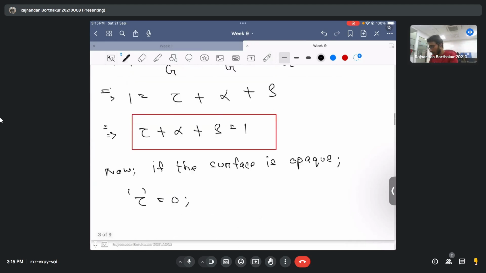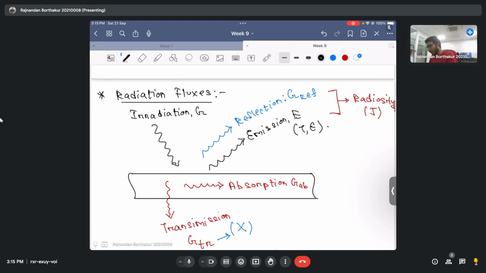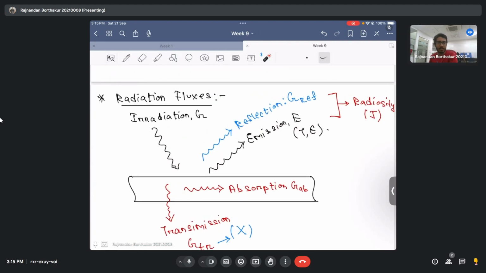Let us now try to understand what the emissive power is, at least qualitatively and then quantitatively. We understood that whenever there is a surface, there could be an irradiation coming from a different source, and that irradiation is denoted by the symbol G, as we have seen.